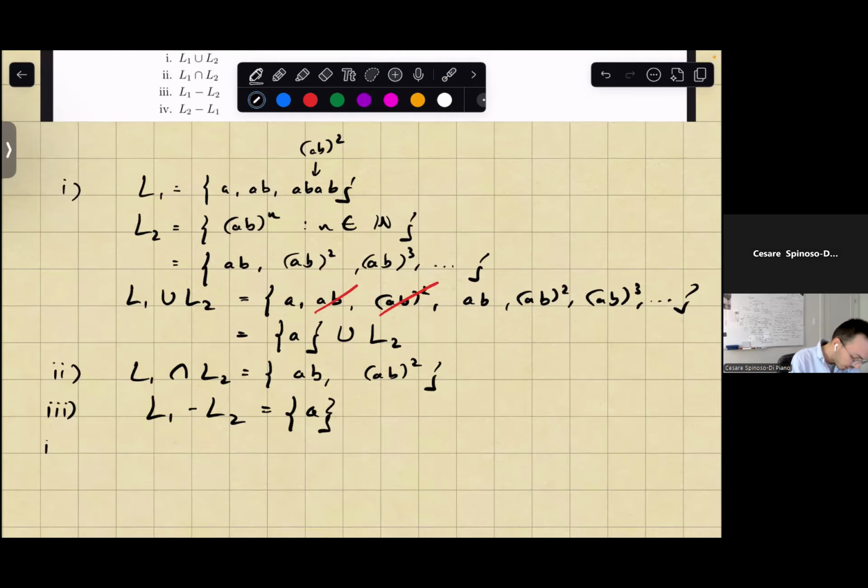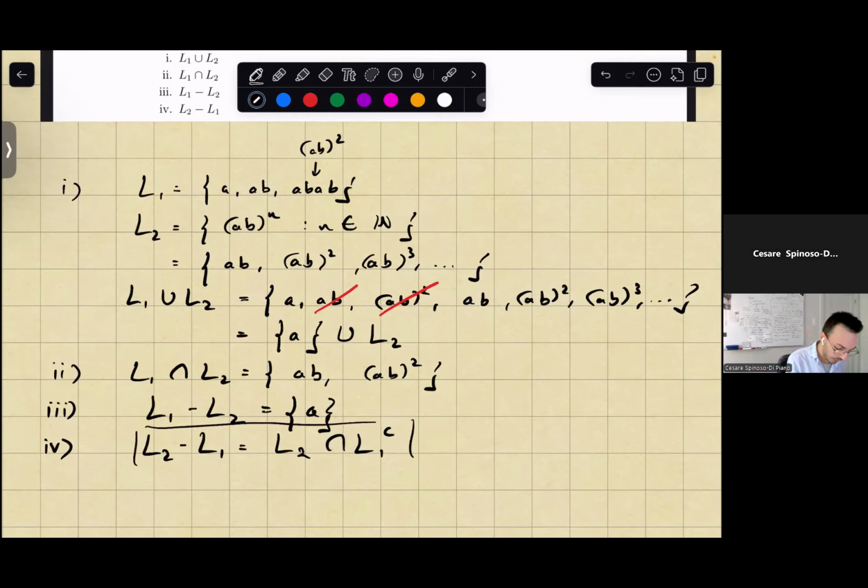Okay, and then the last one is L2 difference L1. Instead of redoing the same manipulation, I'll just note that, actually, is this going to help? I was going to note that this is L2 intersect L1 complement. Yeah, that doesn't really help in easing the computation, but this is just a property to remember.